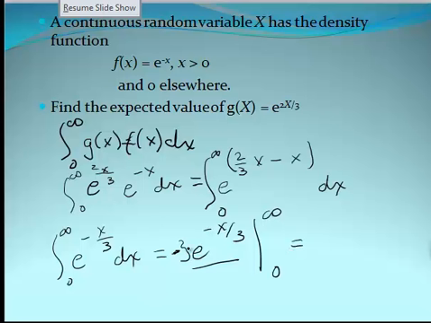So if we plug in at infinity, what happens to the e to the minus x over 3? It goes to a very small value, which might as well be 0. And when we plug 0 in here, we get minus 3. So we end up with 3. And that, folks, is the expected value of g of x.